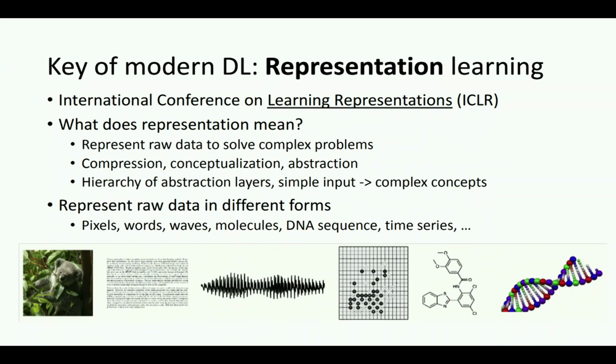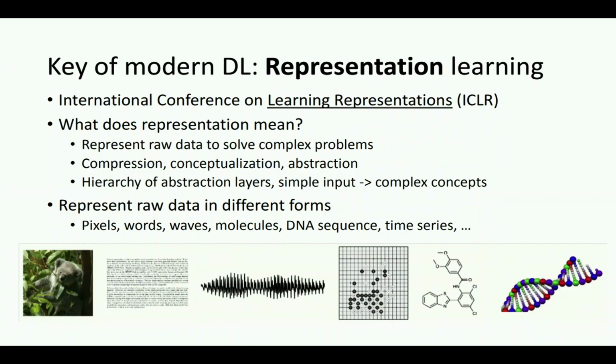So we go from the very raw input into some complex concept, going through this hierarchy of abstraction layers. You can think of it as information compression or conceptualization, where you extract concepts from the data, or do some abstraction.